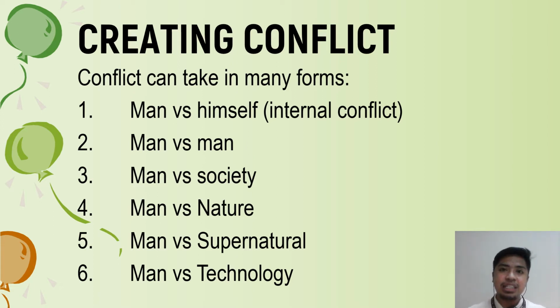Man versus society, the character struggles with what's happening in his or her environment. It could be the traditions or the norms of the society where the character is in. That could also be part of man versus society.